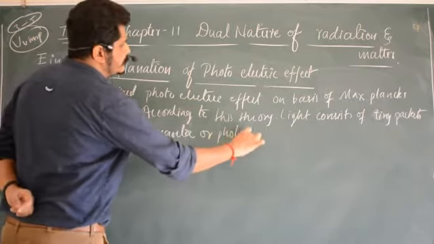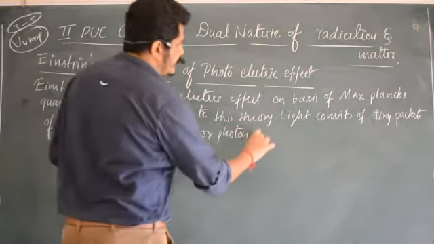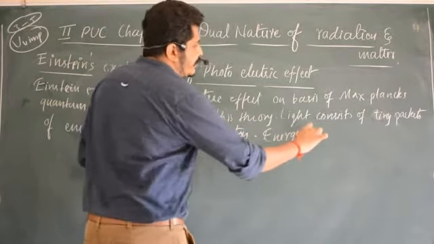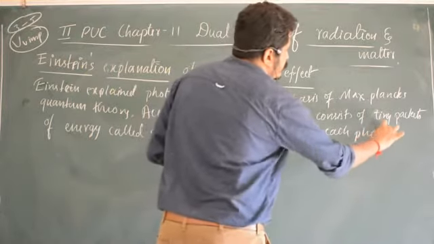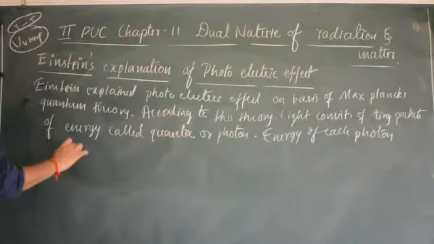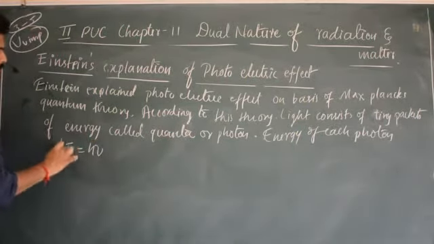Correct? Quanta or photons. Right? Energy of each photon is given by what? E is equal to h nu.